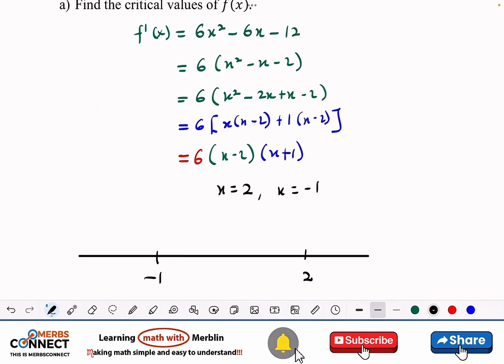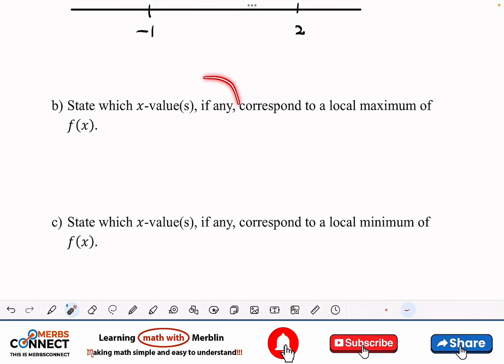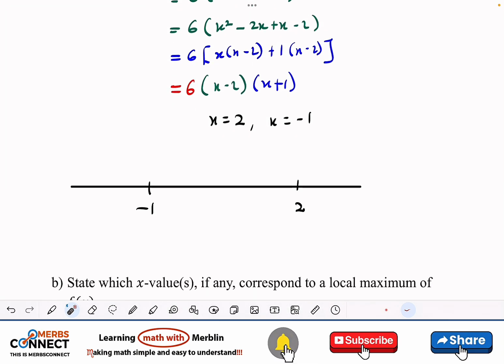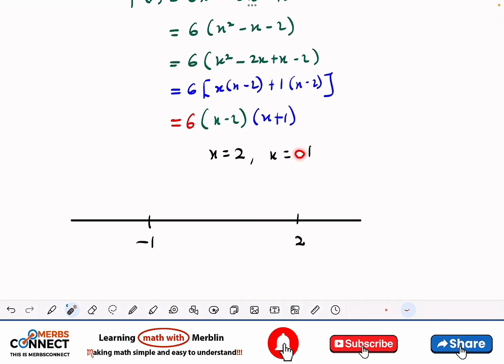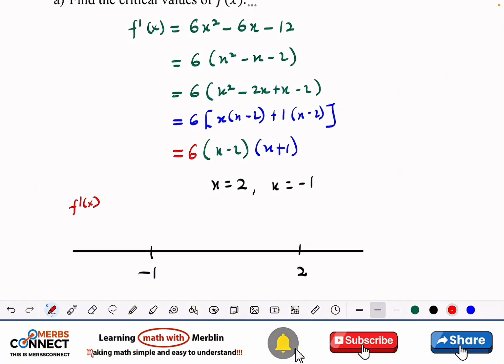And you know that as soon as you get the critical values wrong, everything you do here will be wrong. For example, if this is supposed to be 1 and I make it something else, and this minus 2, automatically I'm getting everything wrong. Don't forget, with local maximum and minimum, we use f prime of x.